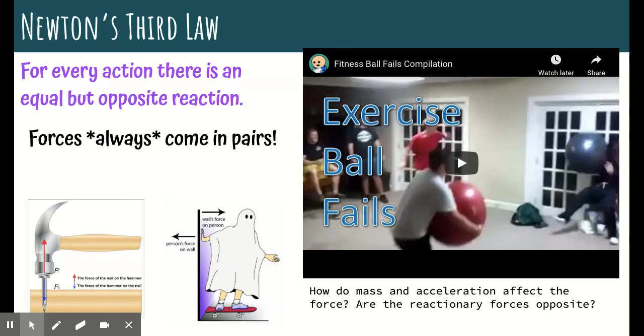Do you get a greater reactionary force on the person with the smaller mass? Does it matter? And you should have a pretty clear view that the reactionary forces are opposite. Some of these people run right into each other, the reactionary forces act on themselves and they go flying backwards.